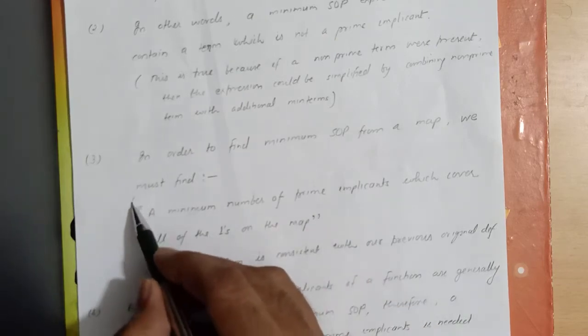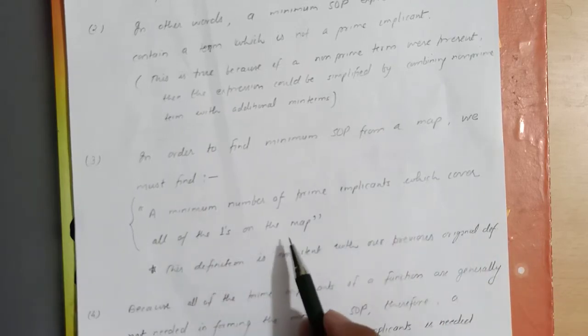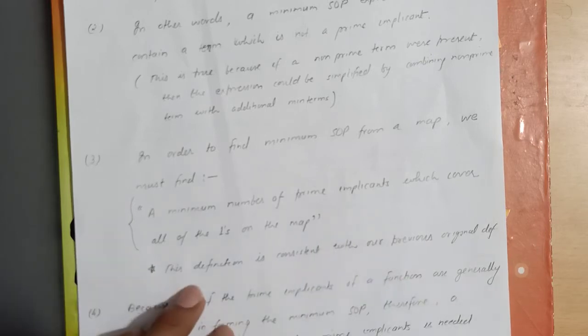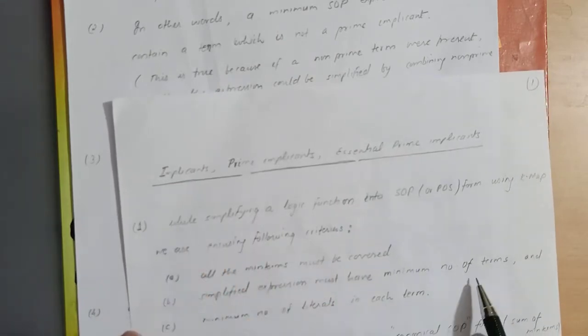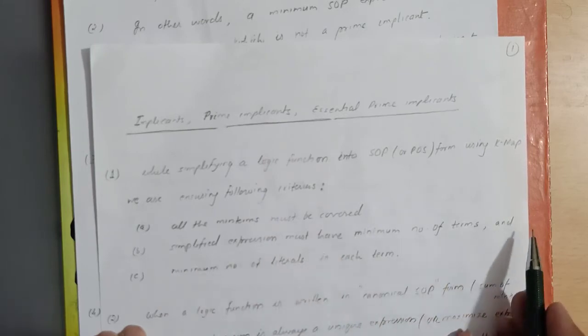This requirement, a minimum number of prime implicants which cover all the ones on the map, is exactly similar to our basic definition of simplifying any expression. This definition is consistent with the previous definition which we were using: all the minterms must be covered, and the simplified expression must have a minimum number of terms and a minimum number of literals.